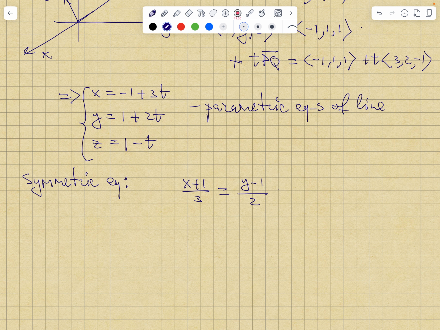And from the last equation, 1 minus z is t, right? So this is just 1 minus z. And that is your equation of a line in 3D. Okay, so next time we're going to discuss this in further detail.